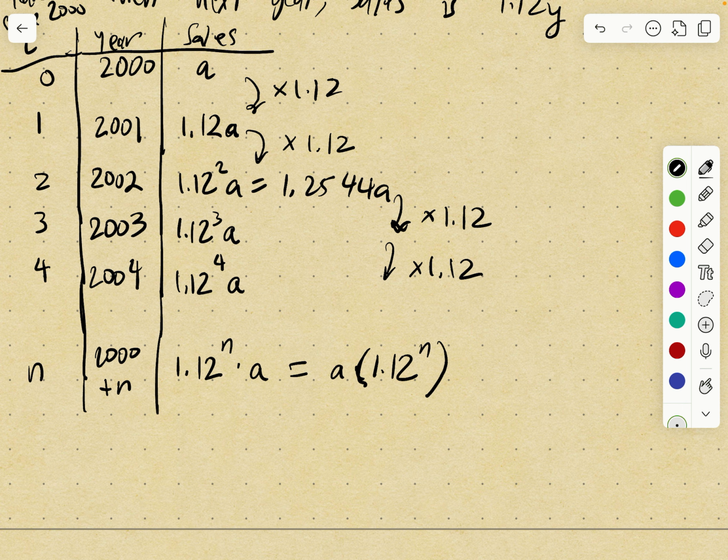And of course, your function is going to depend on what sales were in 2000, because that's what's telling you what A is.